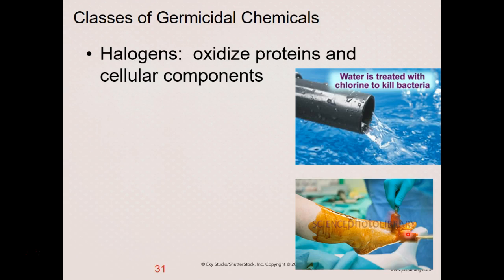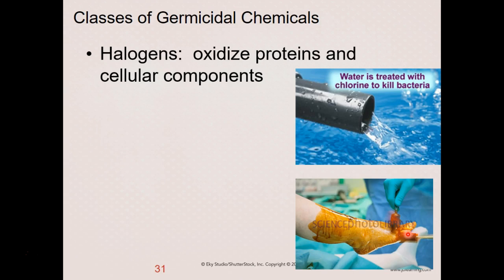Halogens. Halogens are oxidizing agents, so they oxidize proteins as well as cell structures like the plasma membrane. And so oxidation means that you're going to basically tear apart the plasma membrane or those proteins.